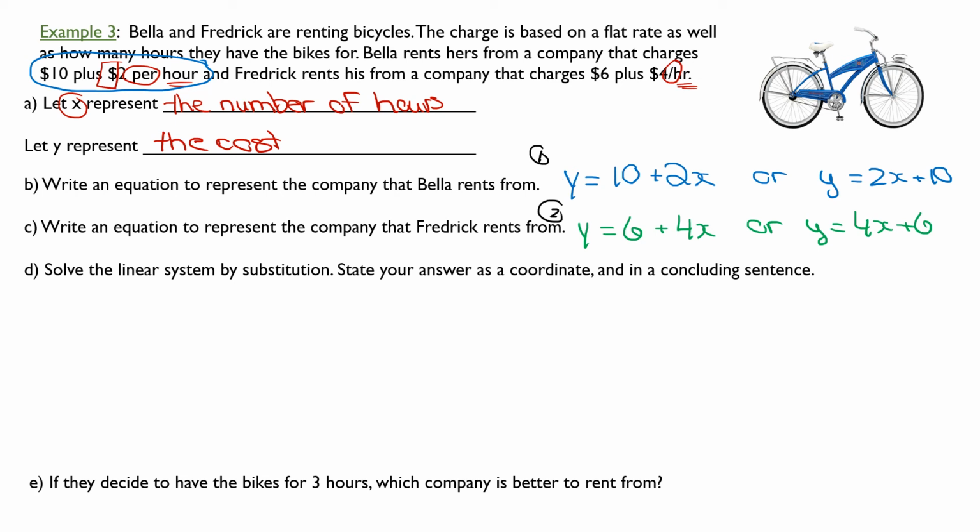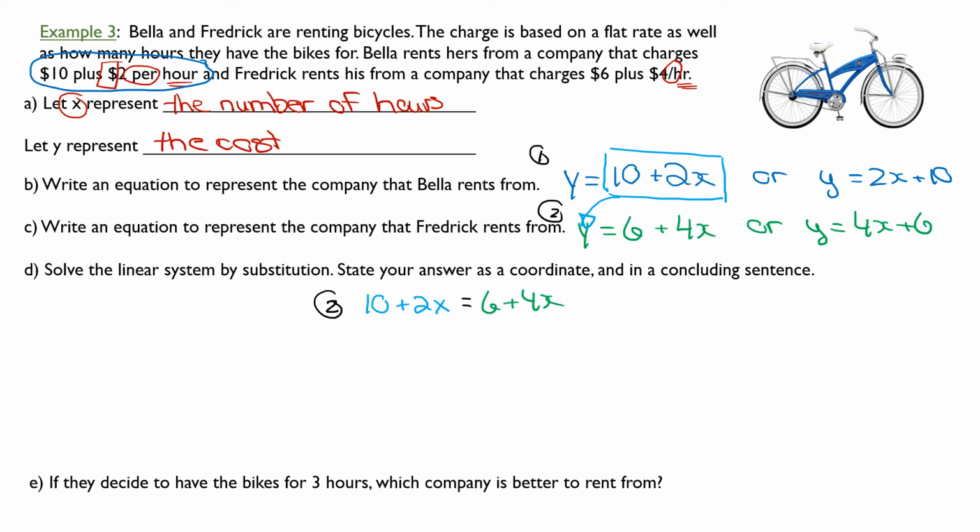So I'm going to put my box around this one here. This is all equal to y. So I'm going to put it in for this y right here. I'm going to substitute right there. So my new equation 2 is now going to be, instead of y, I'm putting 10 plus 2x. And then that's equal to the other side, which is 6 plus 4x.